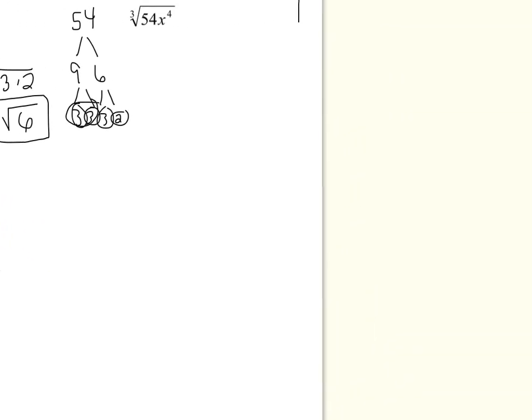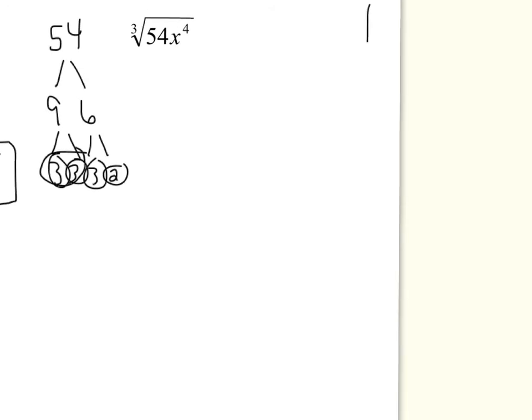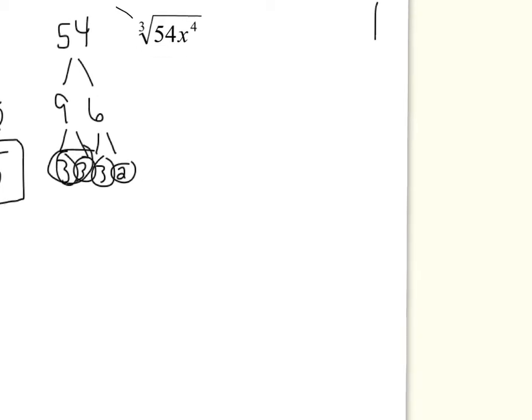Okay, let's look at this last one on this row. The cubic root of 54, x to the 4th. So a couple of things. We have a variable, and we also have a new index. We have an index of 3. The only difference is when we look at our factor tree, we're going to look for a group of 3 of something. So 54 is 9 times 6, 3 times 3, and 3 times 2.